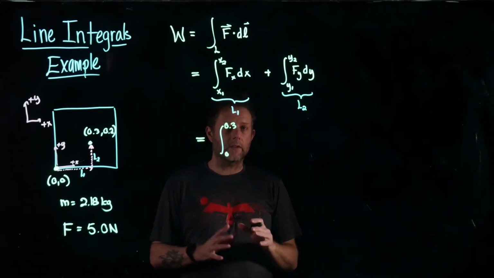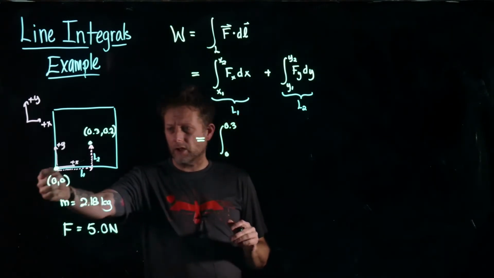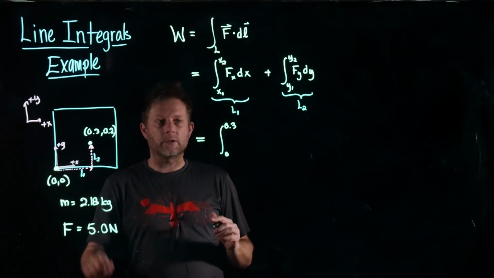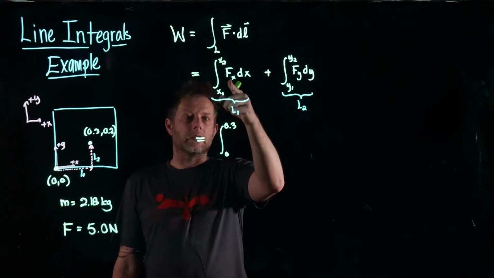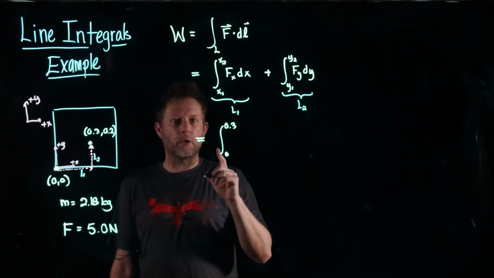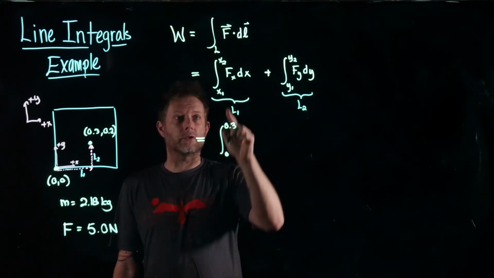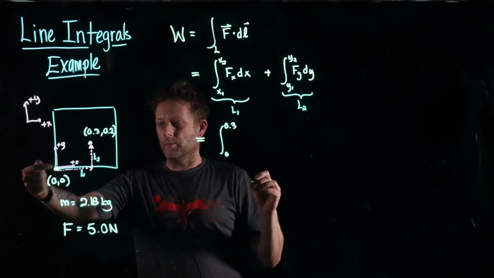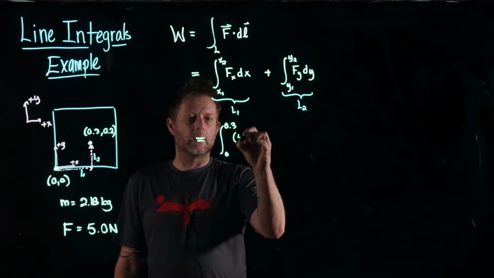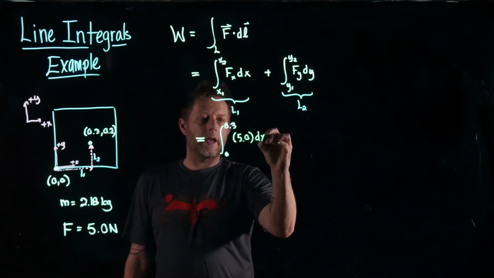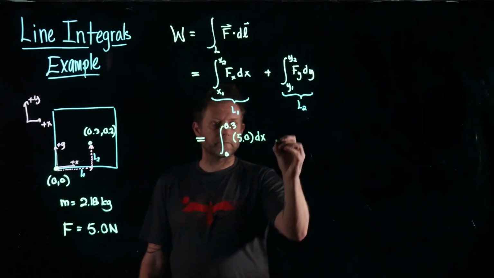So along the first segment, the force is along the x direction with a component of 5. This is not the magnitude, it's the component, and that's important to stress. It could in principle be negative. In this case, our component is positive 5 because we're pushing in the positive x direction. Then we have the x that we integrate with respect to.